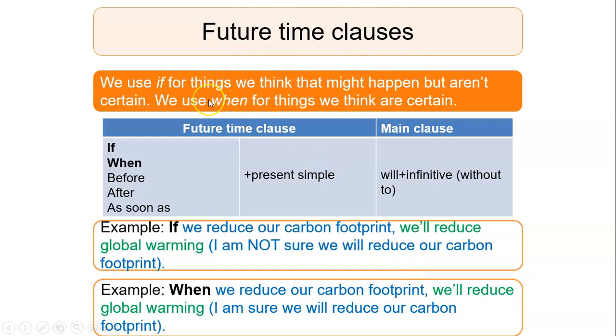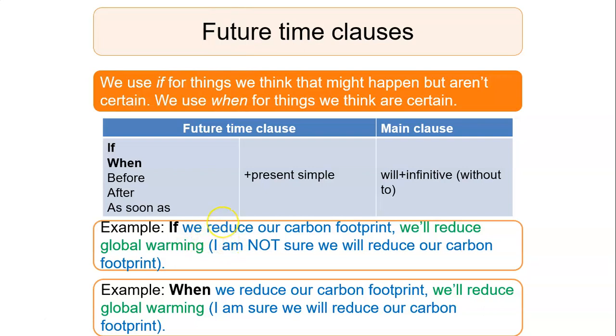Okay, now let's look at the difference between if and when. We use if for things we think might happen but aren't certain. We use when for things we think are certain. So for example, the same example, if I say if we reduce our carbon footprint, we'll reduce global warming, I'm not sure if we will reduce our carbon footprint.